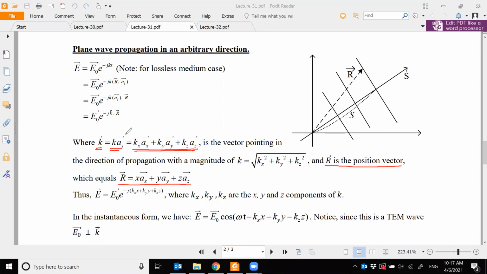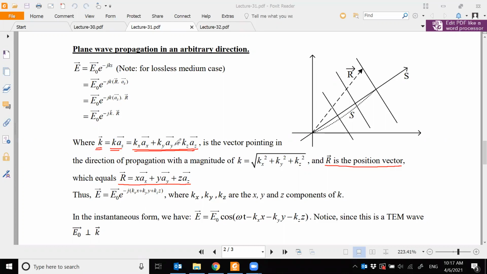So what is this vector k? This vector k includes the propagation constants in the x direction, y direction, and z direction. And now, guys, we have dropped using beta. Now we are using k.